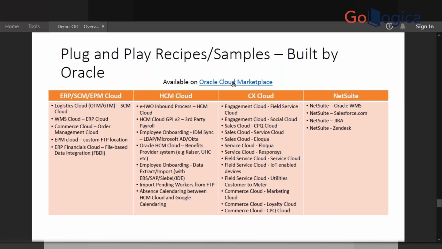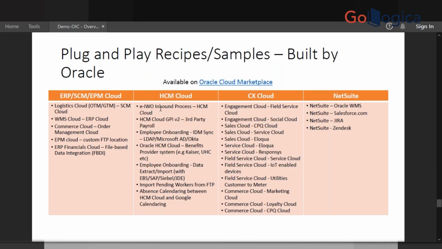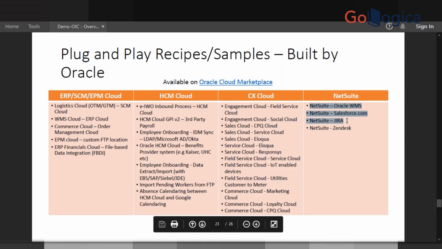If you click on this link, Oracle Marketplace, it's basically a website where you can check for integrations that are already in place. If you are lucky, and that integration is provided by Oracle and it's free, you can download and use it. These are some of the ERP, SCM, and EPM integrations. These are some of the standard HCM integrations, standard CX integrations, and NetSuite integrations.